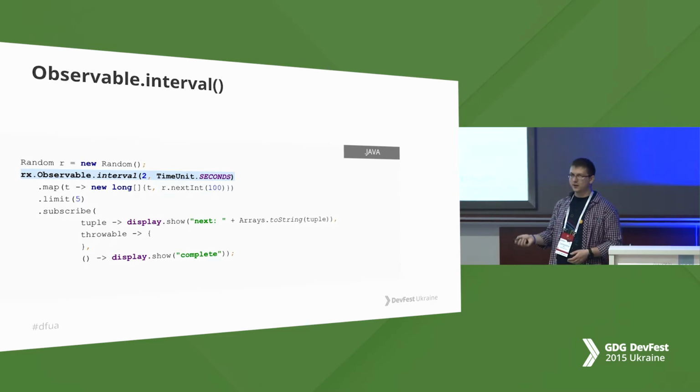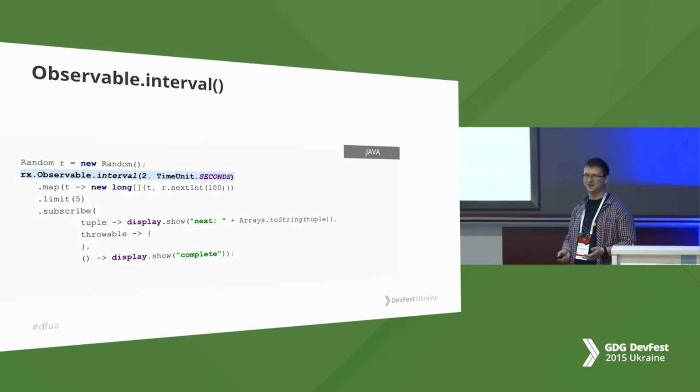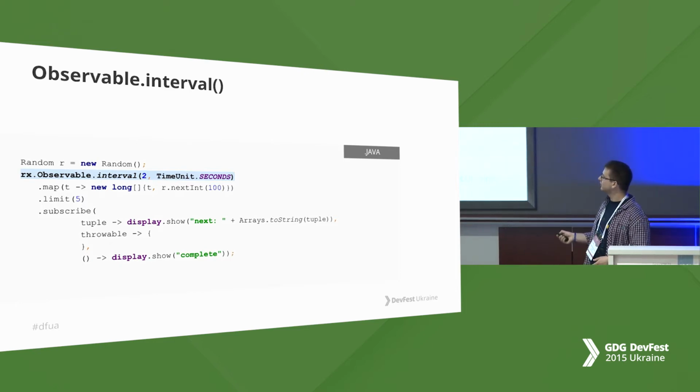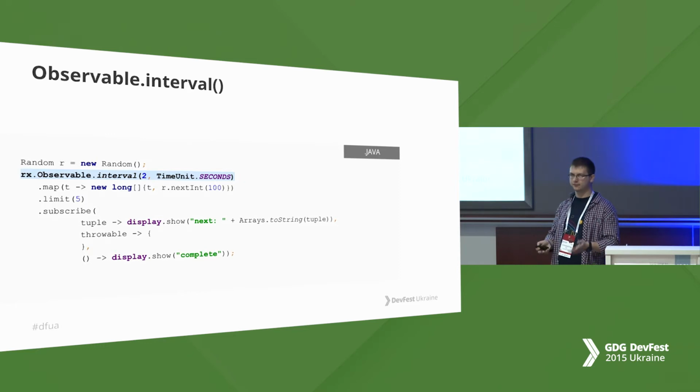A great thing is working with time, because our stream is not a collection. It's two-dimensional. It's not only space, it's also time. So we can generate some events with an interval without any timers or anything else. We just call interval, put a value for the time interval and the units in time unit.